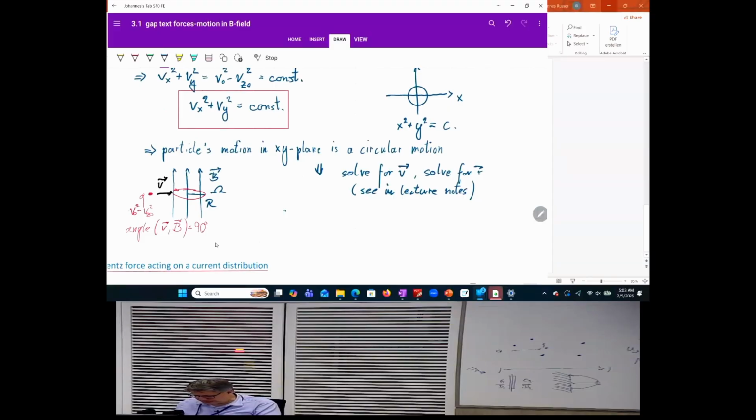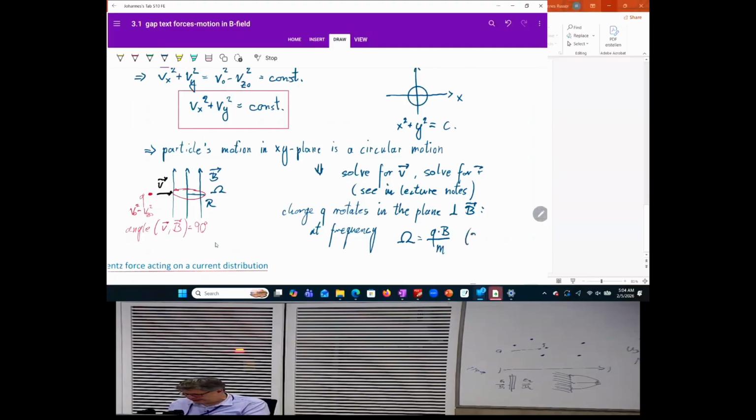So the charge is rotating inside this magnetic field, the flux field, and it does that in the plane which is perpendicular to the orientation of the magnetic flux. This happens at a frequency, which we denote with omega, and that frequency is given by the charge value, by the magnitude of the magnetic field, and by the mass of that particle.